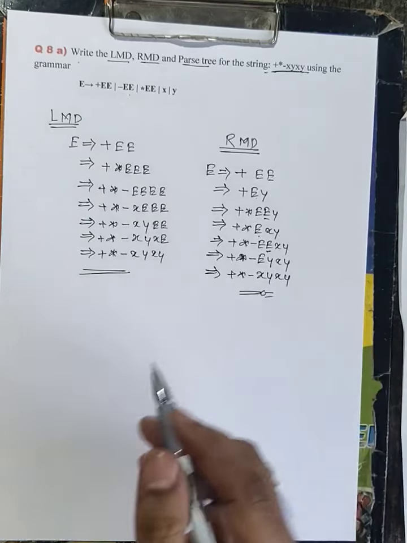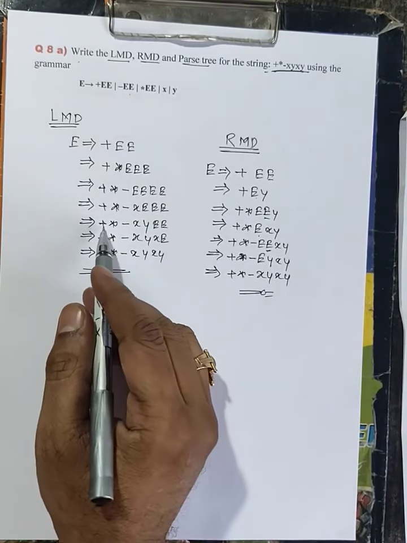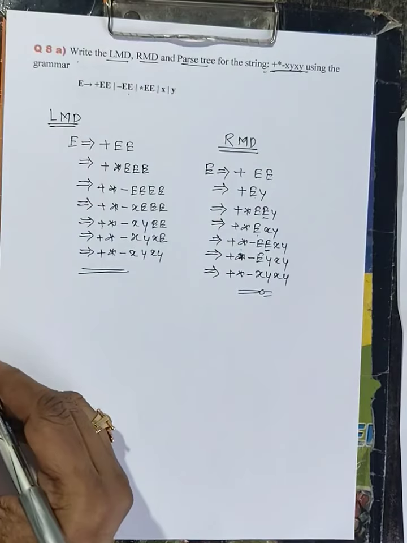This is the RMD definition. So: LMD derivation, RMD derivation, then parse tree.